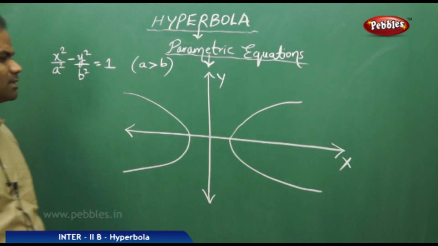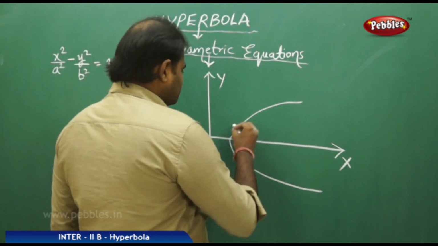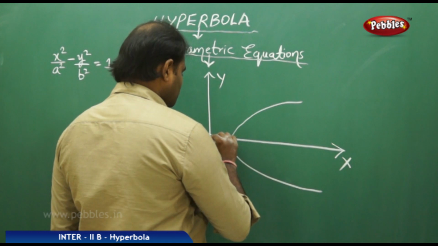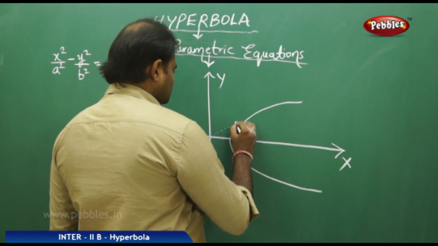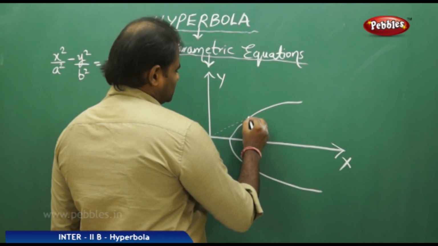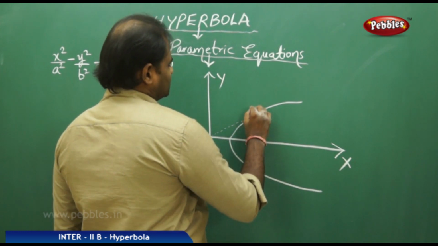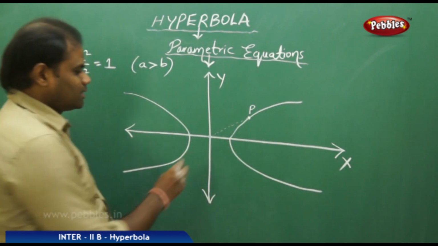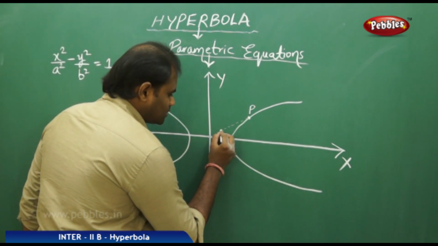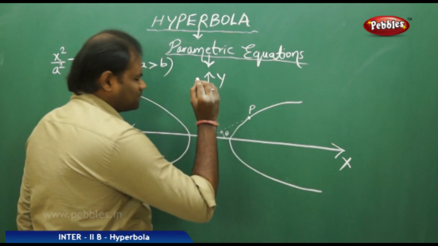Now for this, if I take any point P out here, let me join the center of the hyperbola with this point P. And let me say this point P makes an angle theta in the anti-clockwise direction.